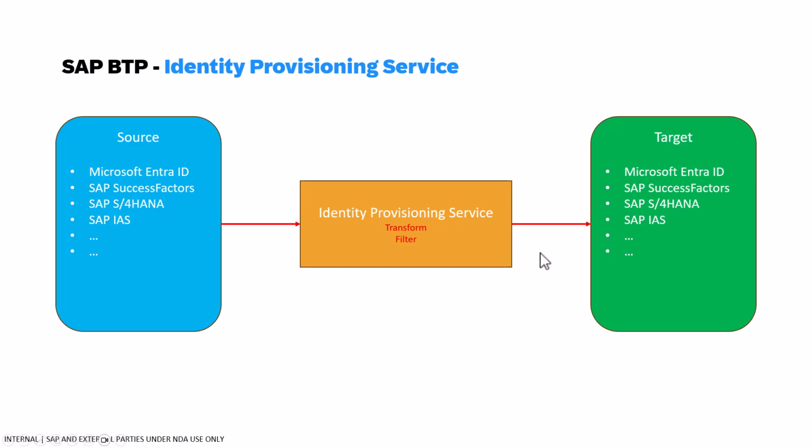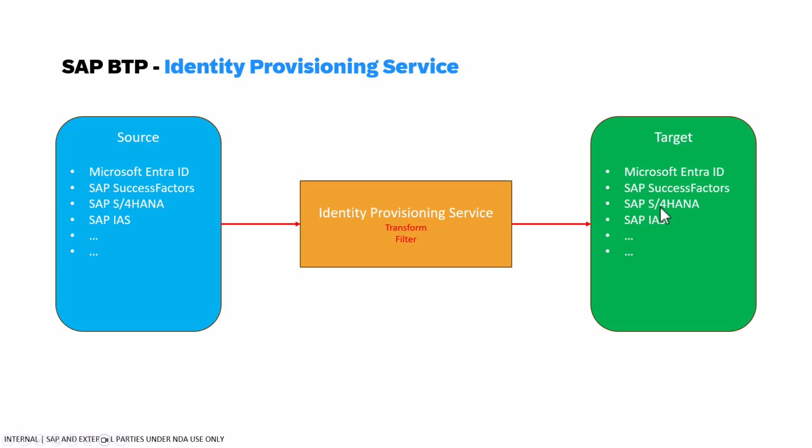So here we have all the target systems. Now, when the user gets authenticated by the Identity Authentication Service, the user comes to, let's say, the SAP S/4HANA system, and is now trying to access a table within SAP S/4HANA.